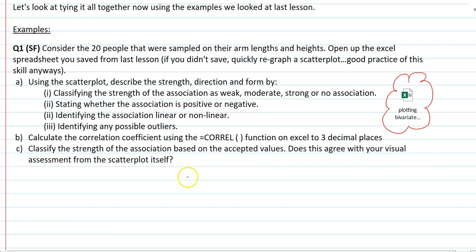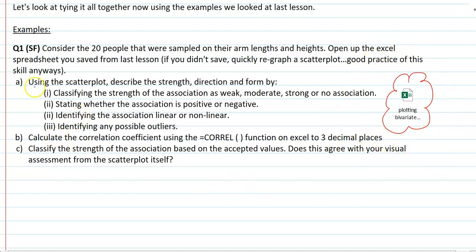Okay, so we're going to try to tie all of this together using the examples we used last lesson. The first one was the 20 people sampled on their arm lengths and heights. I'll get you to open up the Excel spreadsheet that you saved. If you didn't save it, just open up this one here and quickly regraph a scatter plot.